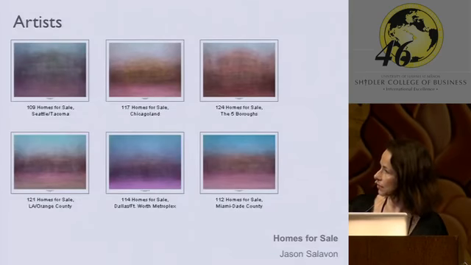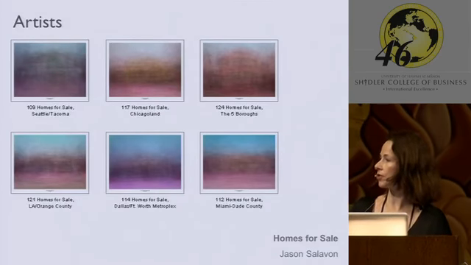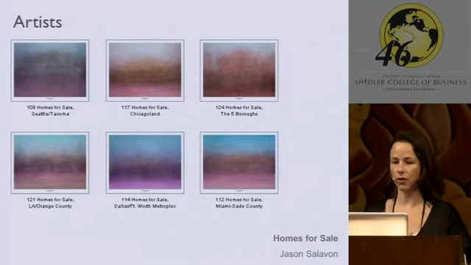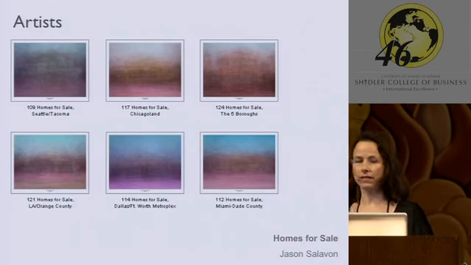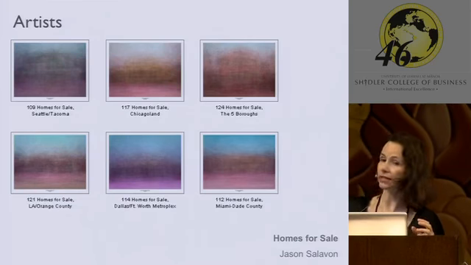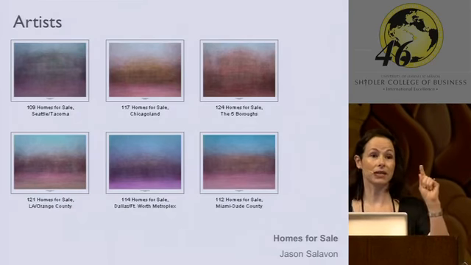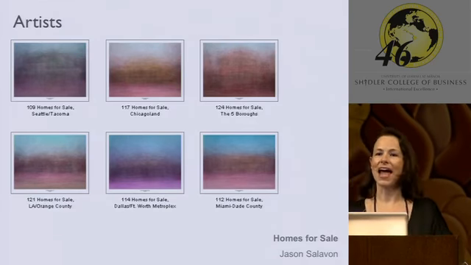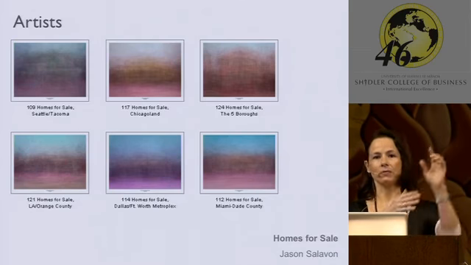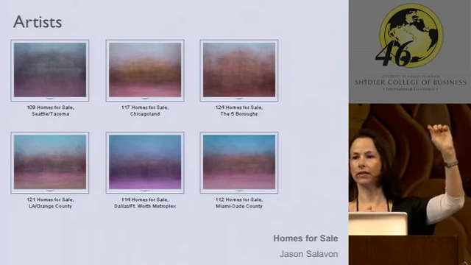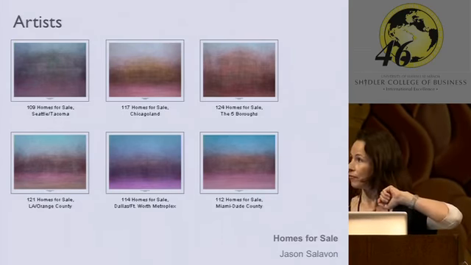So for instance, this is a piece by an artist named Jason Sullivan, and it's called Homes for Sale. What he did is he collected 100 photographs of homes that were for sale in 6 different cities in the US at the median price, and just superimposed them. And pixel by pixel, he averaged the color of those photos.